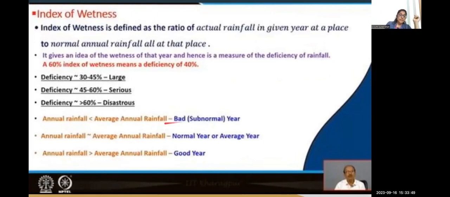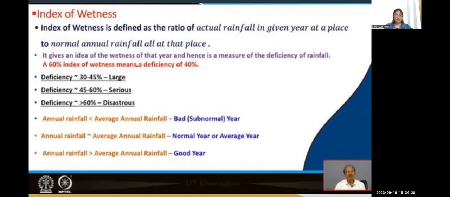If the annual rainfall is less than the average rainfall, say the average is 10 and the annual rainfall is only 5 centimeters in a particular year, then we say that year is bad in terms of the amount of rainfall obtained. If it is almost equal to the average annual rainfall, then we say it's an average year. And if it is greater than that, then we say it's a good year. Similarly, the deficiency is also calculated like that.